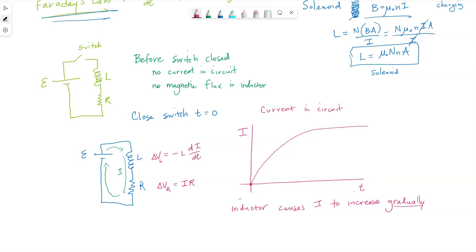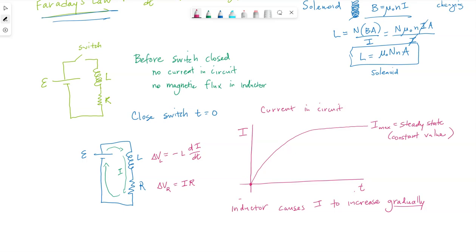Gradually meaning we see this slope leading up to some maximum or steady state constant value. And this value here is the value the current would have when there's only a voltage drop across the resistance in the circuit. And we'll talk about that in just a sec.